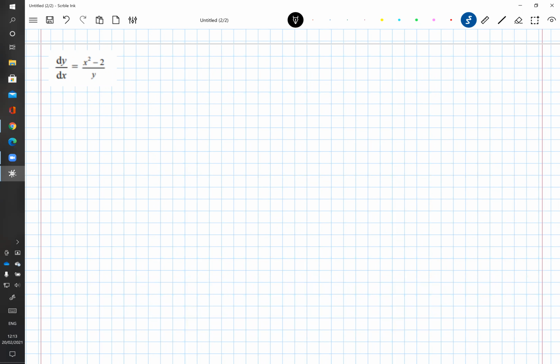So see if you can solve that using the method I've just shown you. Split up the dy and the dx first. Get the y's on the same side as the dy, the x's on the same side as the dx, then integrate. I'll give you a minute on that before I give you a bit of guidance.